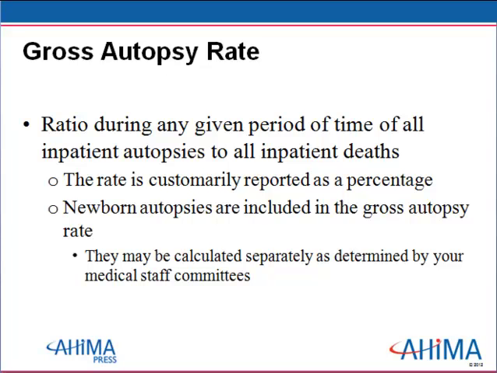Again, the concept of a rate applies the number of times something actually happened compared to the number of times it could have happened. So statistically speaking, every patient who died could be autopsied. Typically, newborn autopsies are included in the gross autopsy rate, but they may be calculated separately if the hospital or medical staff decides so.